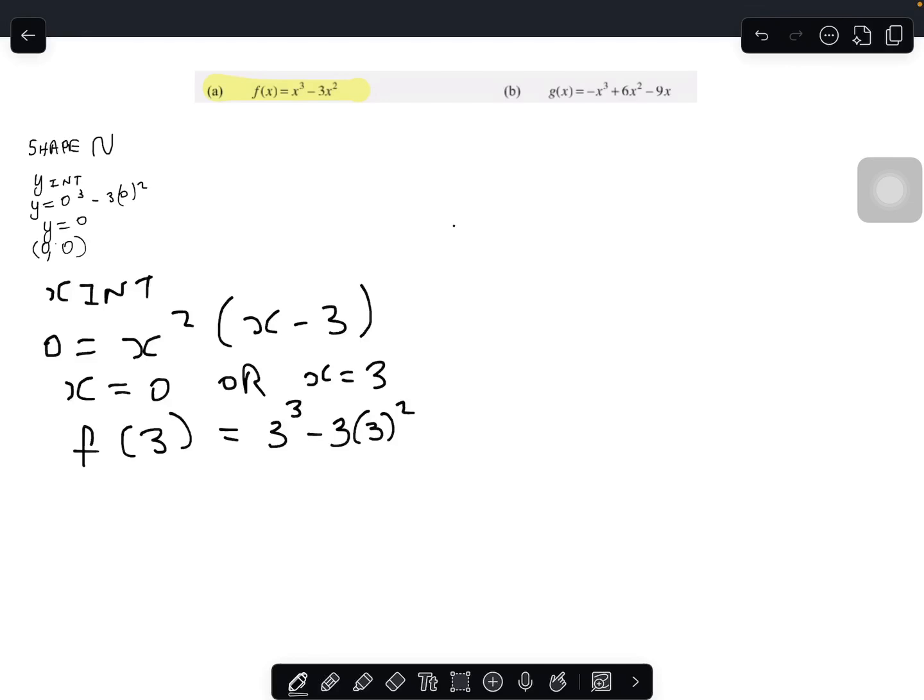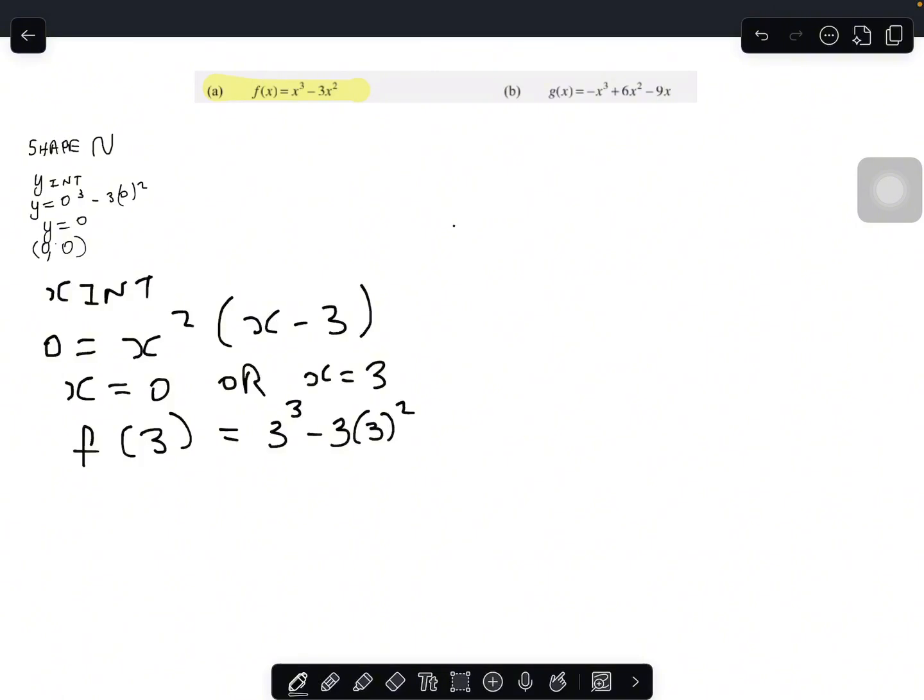and that's going to give us the value of 3 to the power 3. I'm just going to put that into my calculator. I got 0 again, so that makes sense.